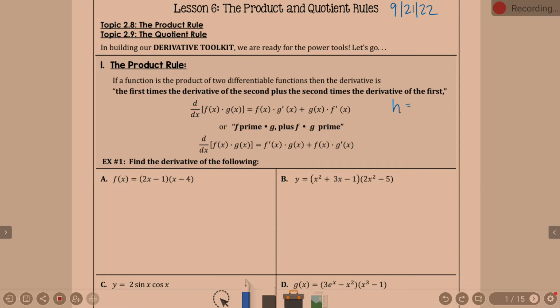If we use some shorthand, basically without the x's, if h is f times g, then h prime can be f times g prime plus, depending which way I want to write it, g times f prime, or h prime can be f prime times g plus g prime times f.